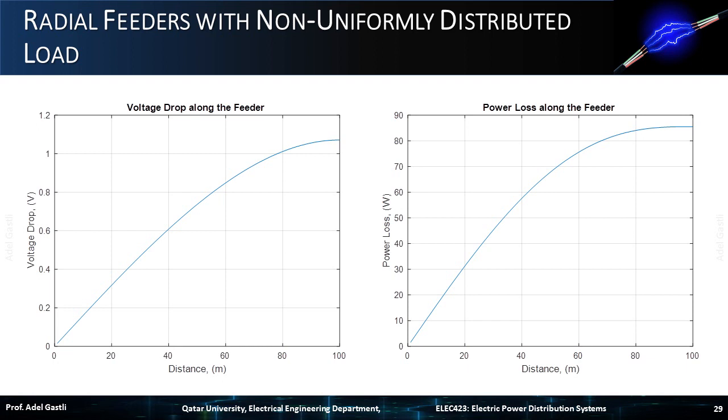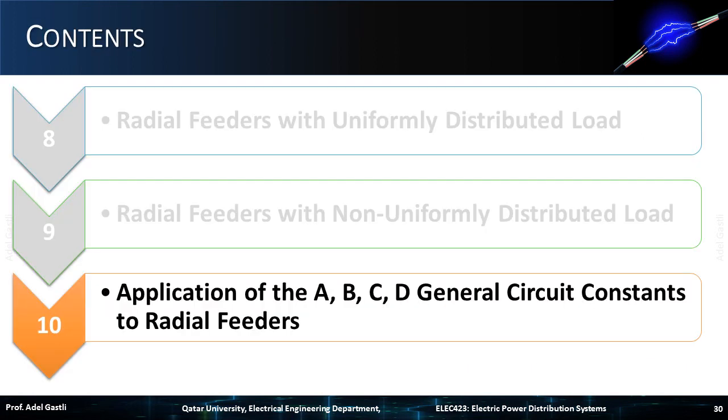This is expected, because, the farther the distance, the smaller the load current distribution, which yields small voltage drop and power loss variations. Now, let's see the application of the ABCD general circuit constants, to radial feeders design and analysis.